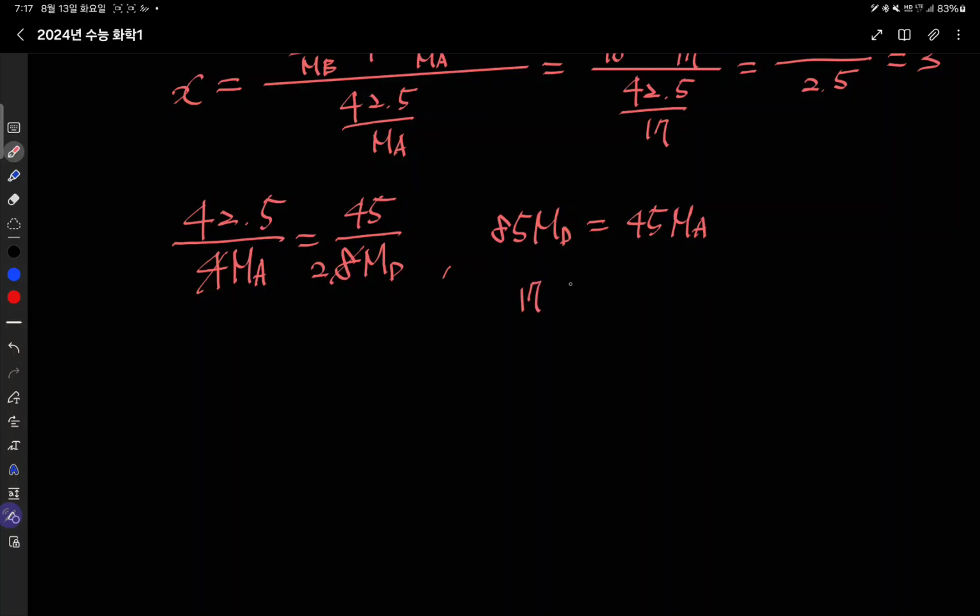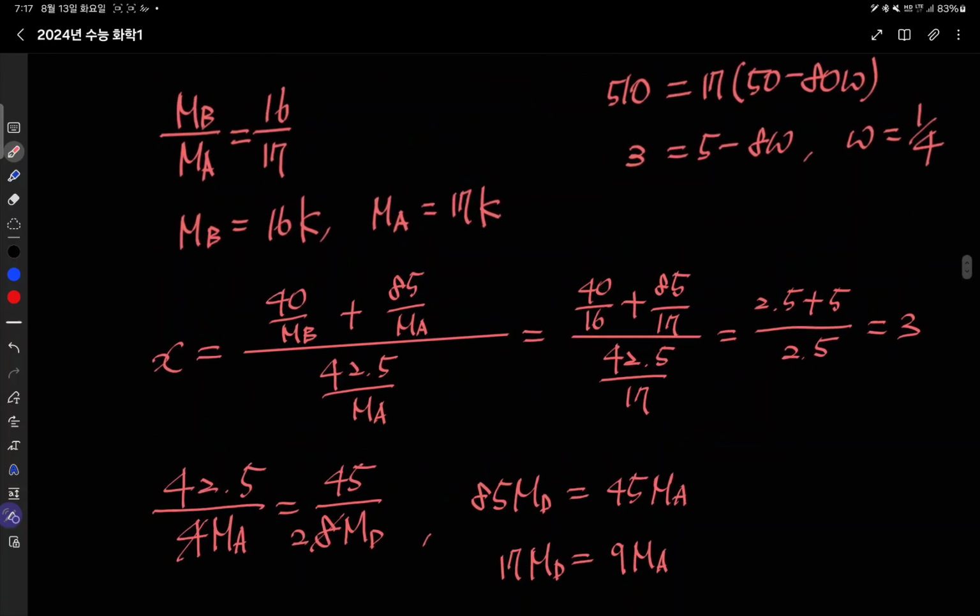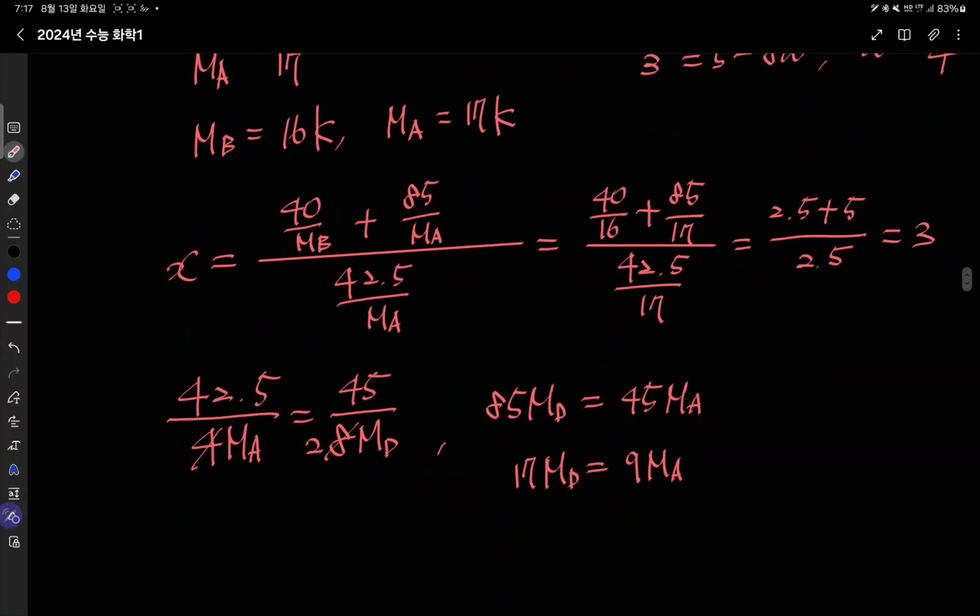So 17 MD is equal to 9 times MA. And because MA is 17K, this means the molecular weight of D is 9 times K.